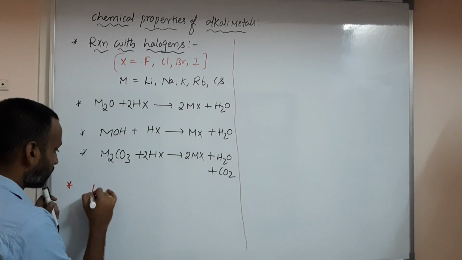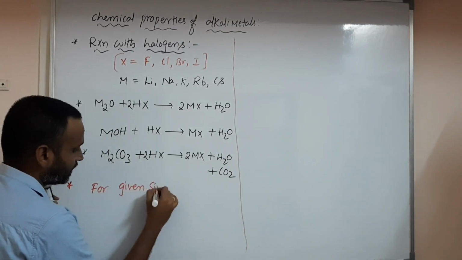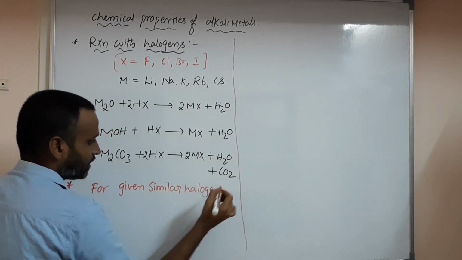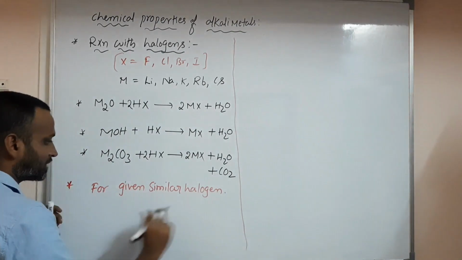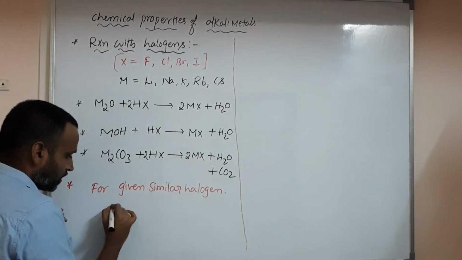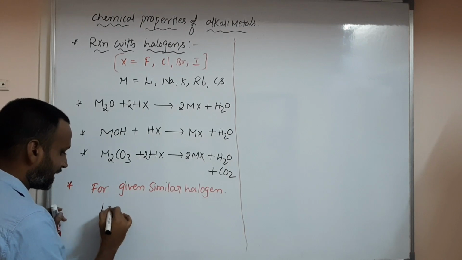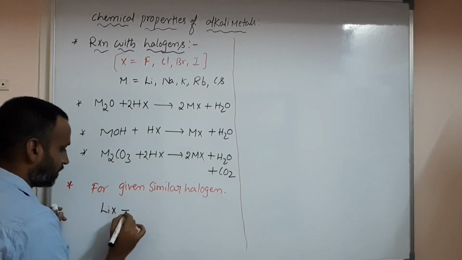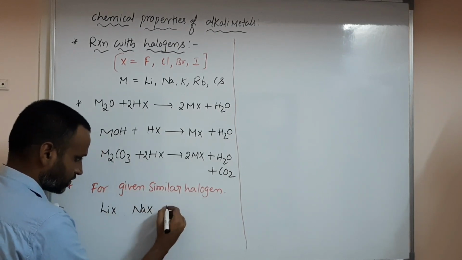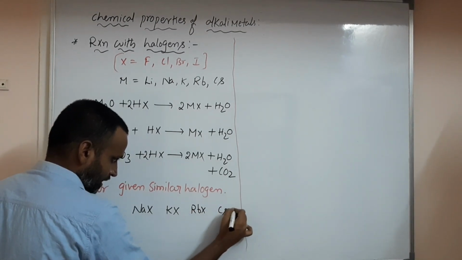Okay, for a given similar halogen, what happens? Ionic nature increases. I repeat, if the halogen is similar, suppose here you have LiX, and here NaX, KX, RbX, CsX.